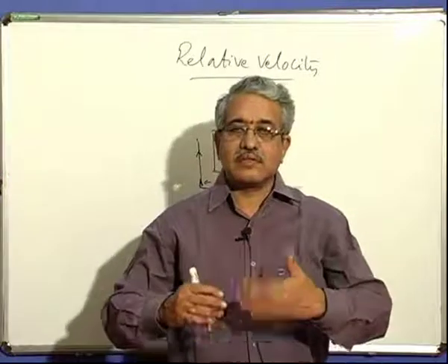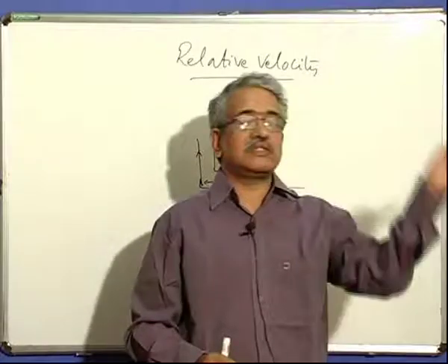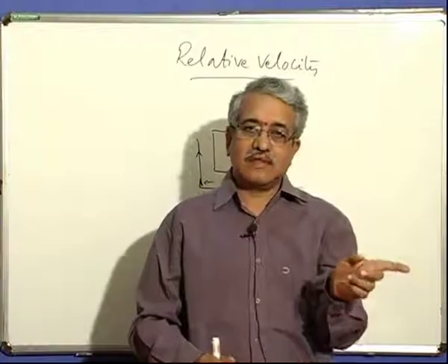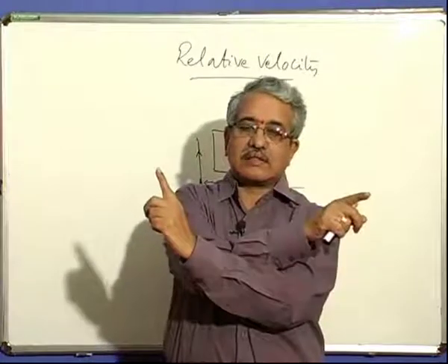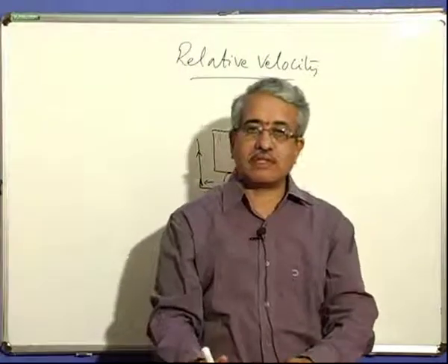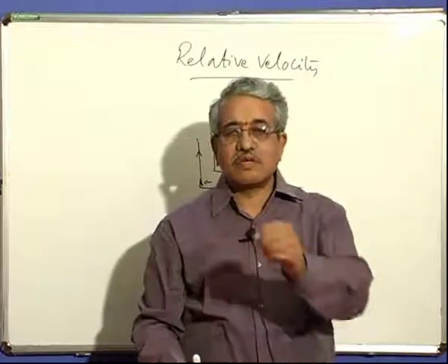The earth is moving, such that we are able to see the movement like that. Actually, the earth is moving the other way around, from west to east, making a rotation. And therefore, the sun appears as if it is going from here to there, in the opposite direction. This is what we are observing.